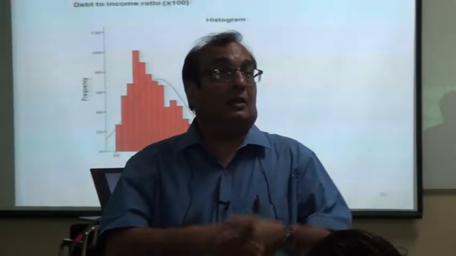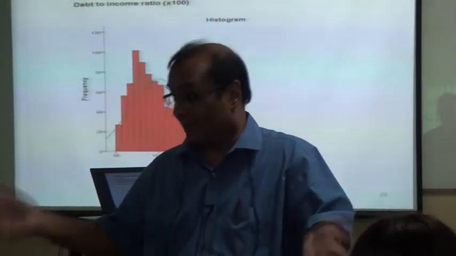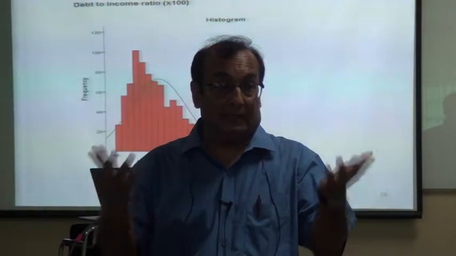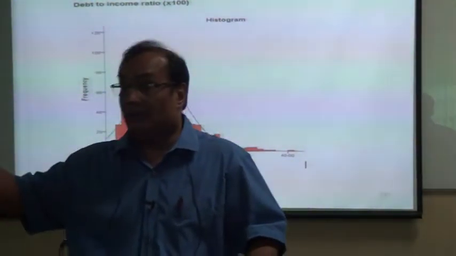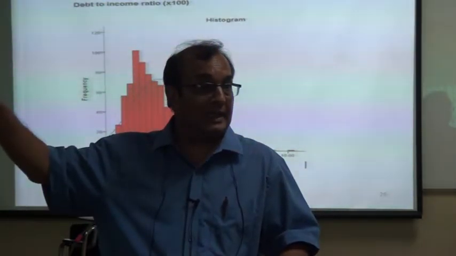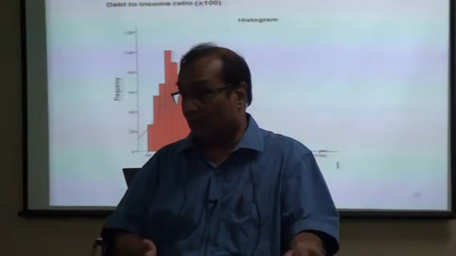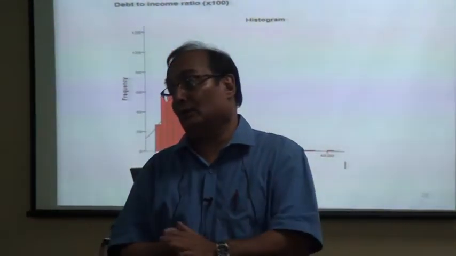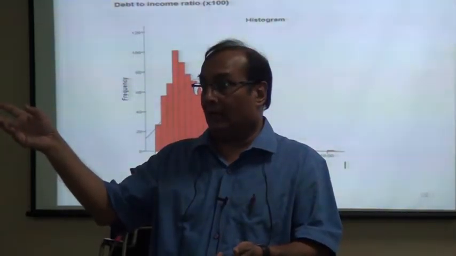Say you are doing a PhD and have spent somewhere around 1.5 or 2 years only for collecting the data, and now you find that the data is not approximately normally distributed, and you want to build many models or do a lot of analysis which demands that data should be normal. What will you do? Then you need to transform your raw data.